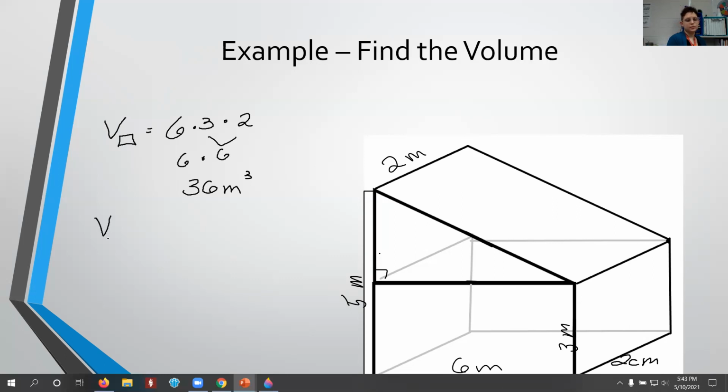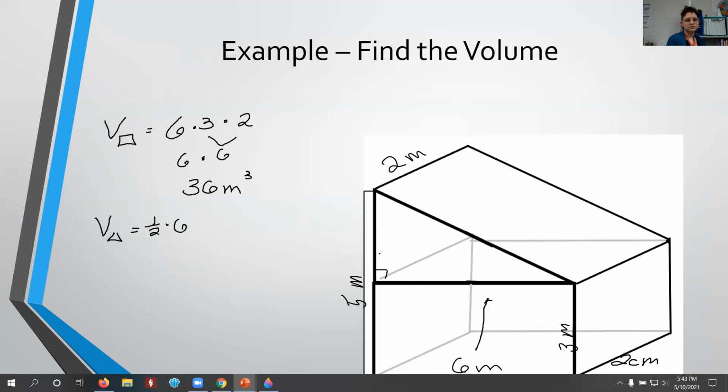Now for the volume of my triangular prism. Remember, with triangles, I do the base, which is always the triangle, and it's half. Now I can either think about that as 1/2 times base times height, or I can think about that as divided by 2. So my triangle, again, I don't see a dimension for the bottom of the triangle, but I do see the 6 lines up.